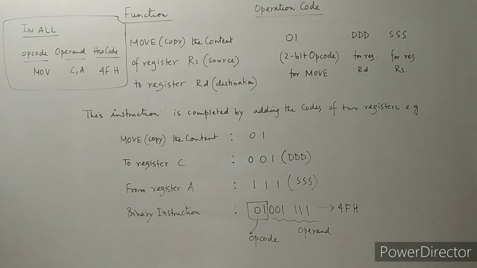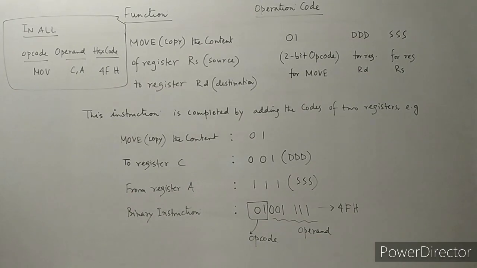So the final binary instruction will be 01 001 111, where 01 is the opcode and 001 111 is the operand, meaning 0100 becomes 4 and 1111 becomes F. So the hex code will become 4FH.